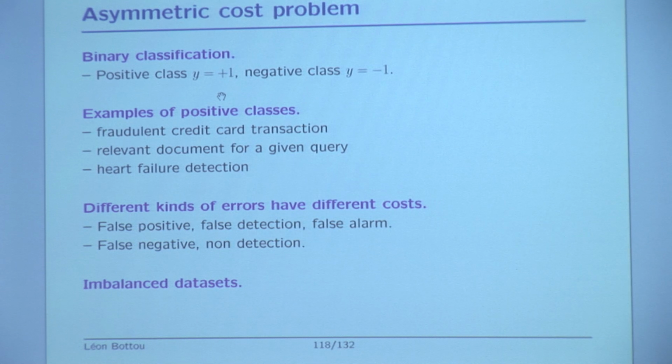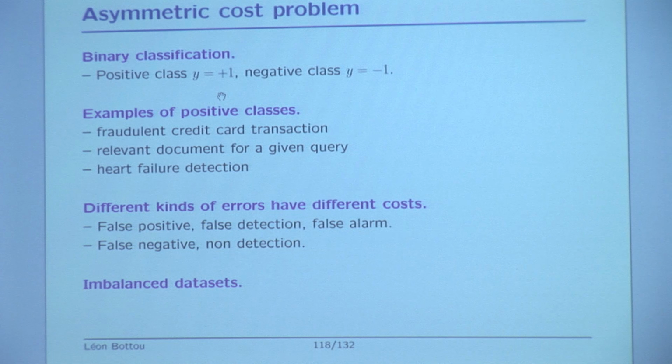And the difficulty is that the costs of these things are difficult to estimate. Go back to the pacemaker example. If you're the patient and people ask you what you prefer, you're going to say, well, I would like to be biased towards false positives because I prefer to receive electric shocks once in a while than to die.